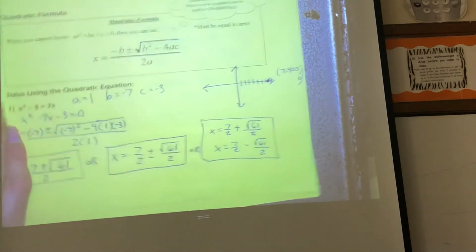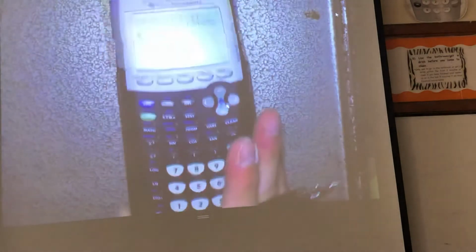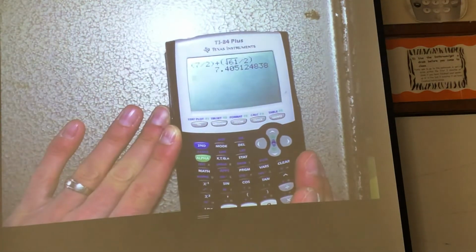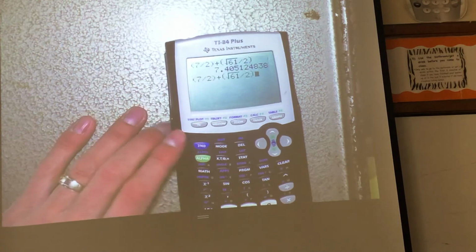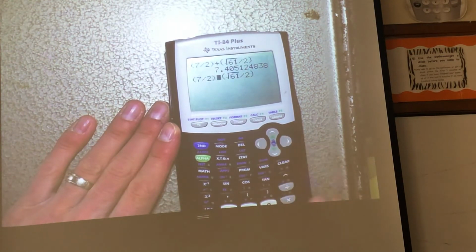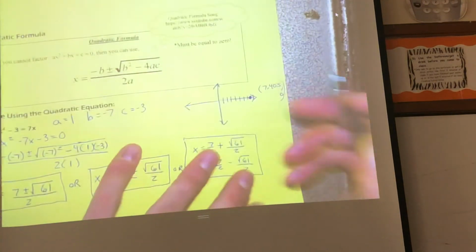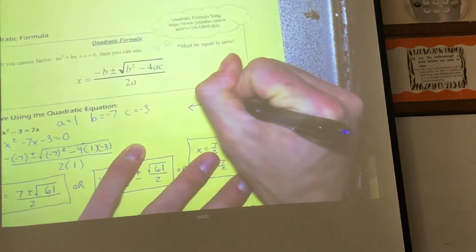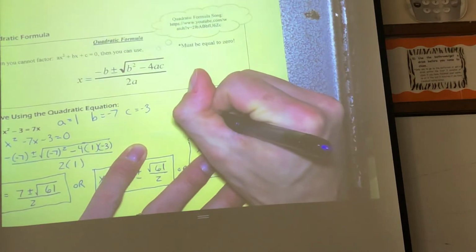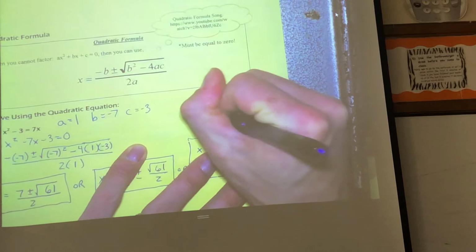For the other one, if I don't want to retype because it's the same except for the subtraction sign, I can just do second entry and change addition to subtraction. I will get this. So the other root would cross somewhere on the left side, in between 0 and 1. So that root would be negative 0.405, comma 0.